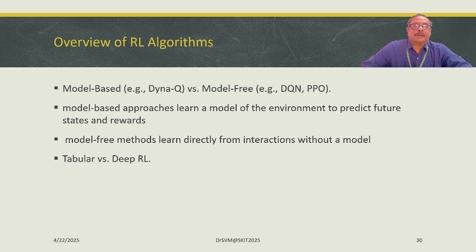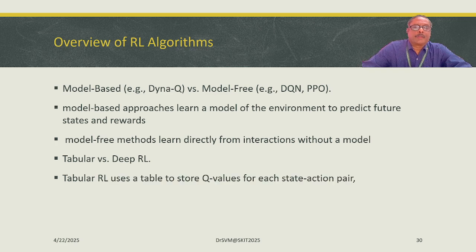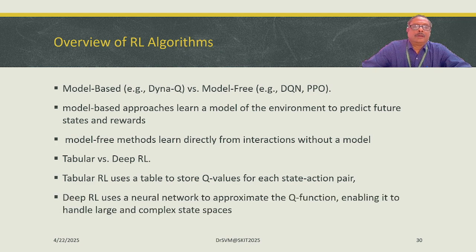Then there can be a tabular method or a deep reinforcement learning method. The tabular reinforcement learning method uses a table to store the Q values for each state action pair. What Q values are, we'll see in a short while. Whereas the deep reinforcement learning techniques use a neural network to approximate the Q function.